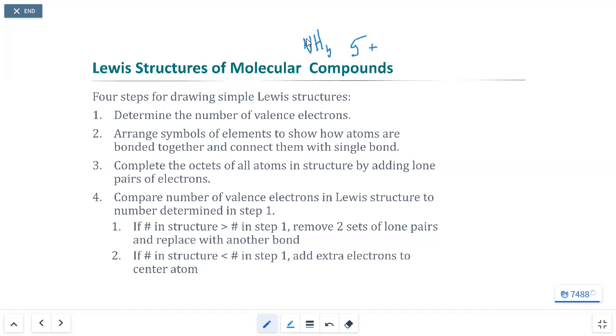And we can look at hydrogen, which is in group 1, and say, okay, well, each one has 1, and there are 3 of them. So there should be a total of 8 electrons in that molecule of ammonia.